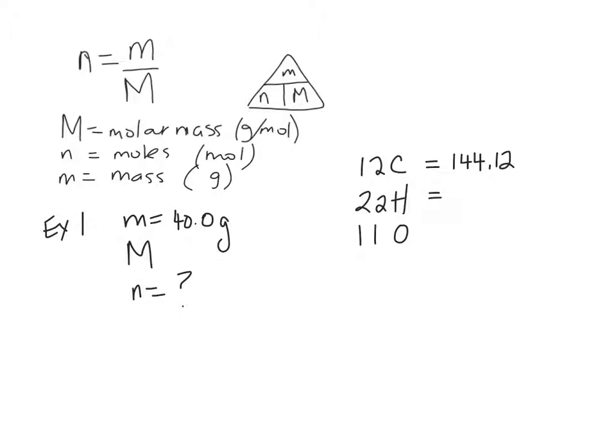What is 22 times the molar mass of hydrogen? And what is 11 times 16? Don't forget to put in the zeros because you should have 2 decimal places. Your calculator will drop them. So you add all of these up and you have your molar mass for sucrose.